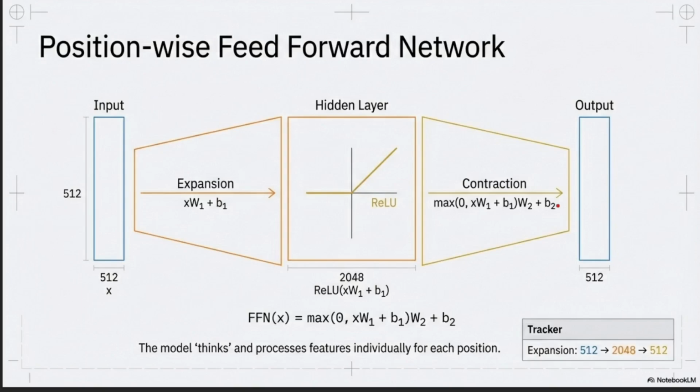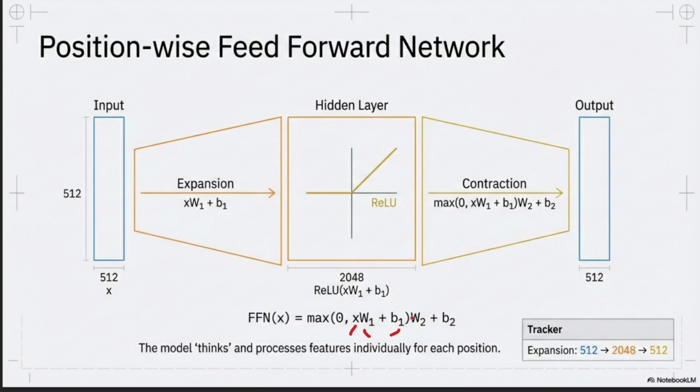So now the next step is we use the position-wise feed-forward network. This is a simple neural network applied to each word independently. It consists of two linear transformations with the ReLU activation function in between. So the formula is max(0, xW1 + b1) W2 + b2.